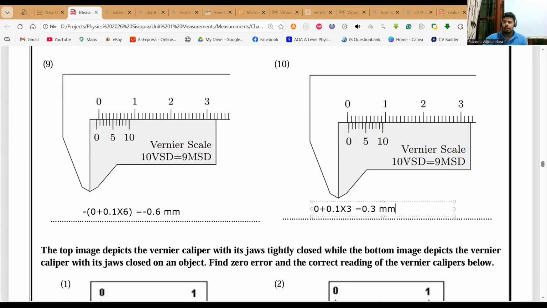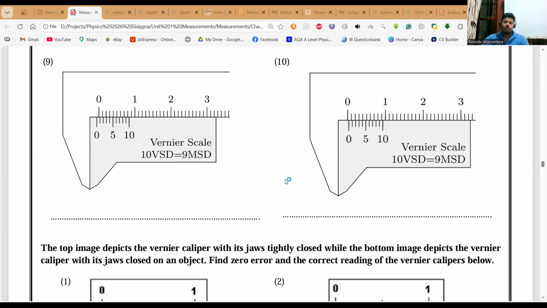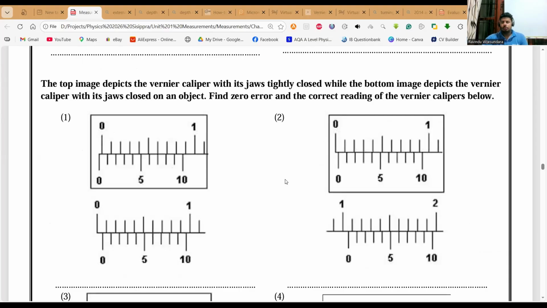So these are the zero error values of the vernier calipers I have shown, right? I hope all of you have got this correctly. Now we have to do the correction of each of them. So now you know the correction actually. If you have a positive zero error, you take the final reading and subtract the positive zero error from it.